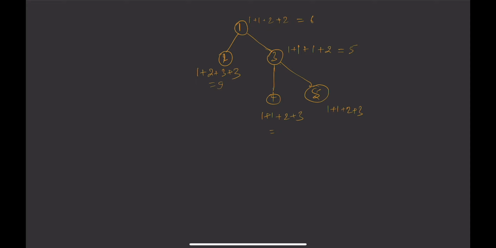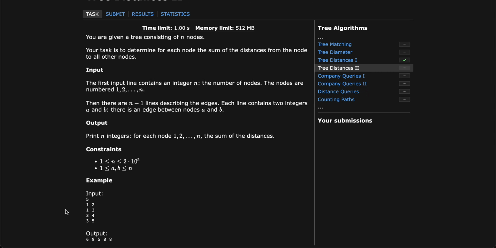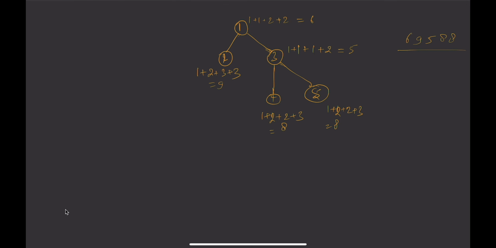What is this distance? 1 plus 2 plus 2 plus 3. 1 plus 2 plus 2, that means 8. So answer should be 6 9 5 8 8. Is it so? 6 9 5 8 8. Okay, I think I got the question.